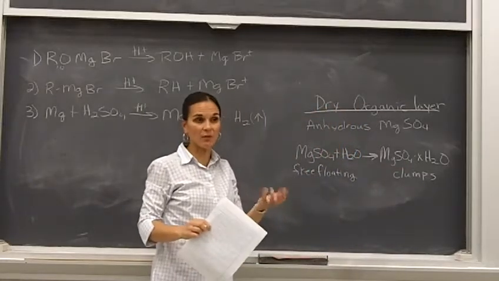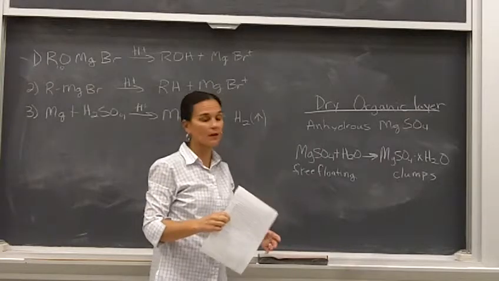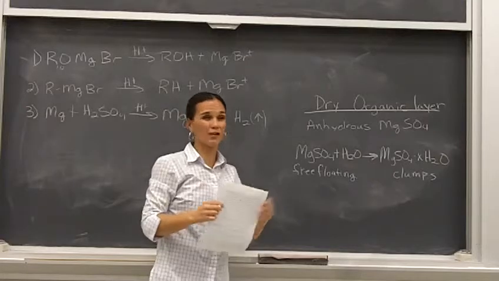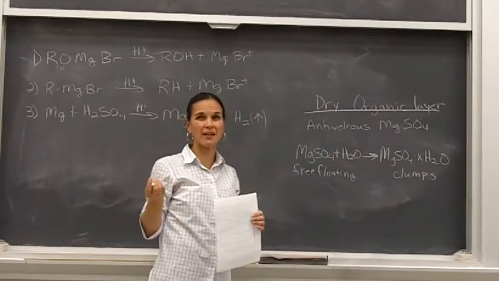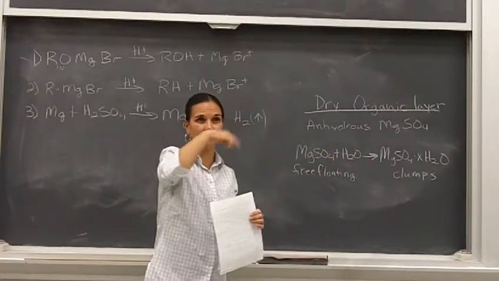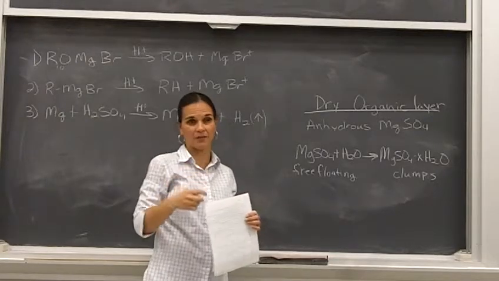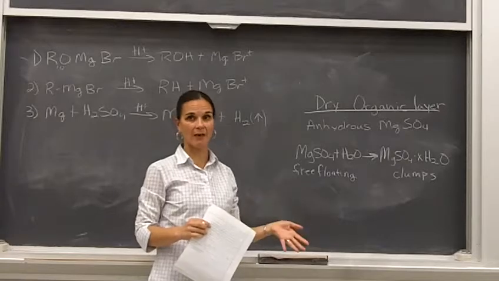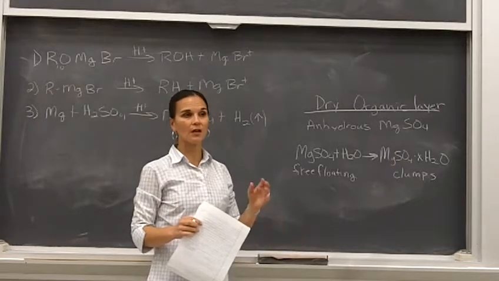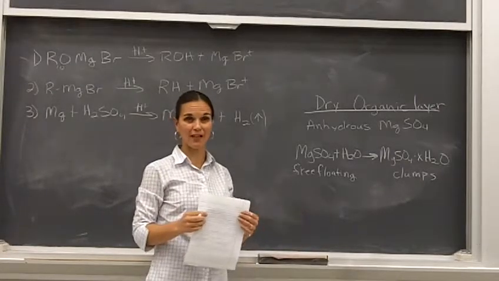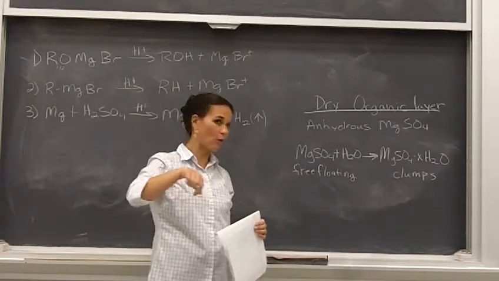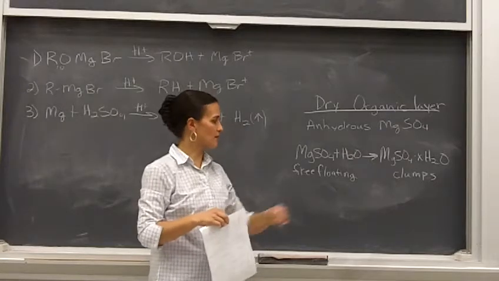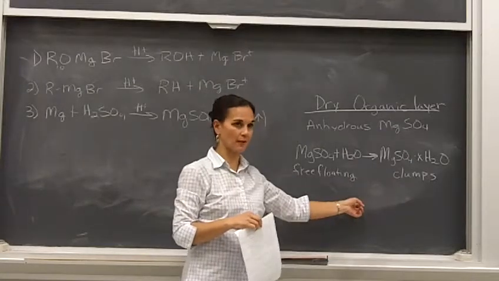So what you want to see when you've added enough magnesium sulfate is you'll have some clumps with some free floating, okay? You don't want just clumps because you won't know if you have enough in there unless there's a little bit of free floating still floating around in there that's not reacting, okay? What you don't want to do is make pancake batter. So if you add too much magnesium sulfate, it'll be like a slurry that won't move around. That's too much, okay? So you want just clumps with some free floating.